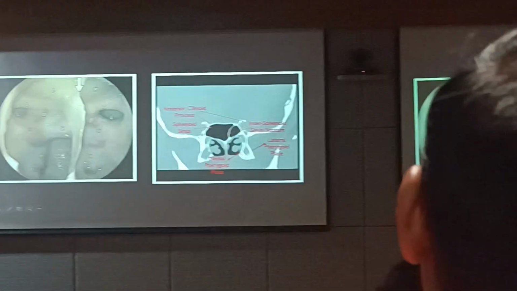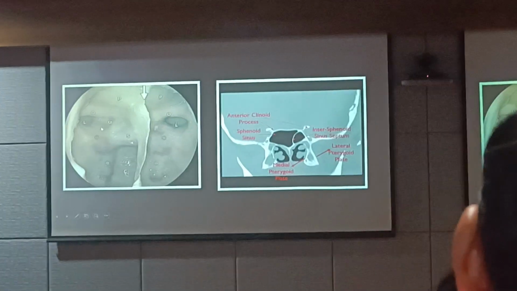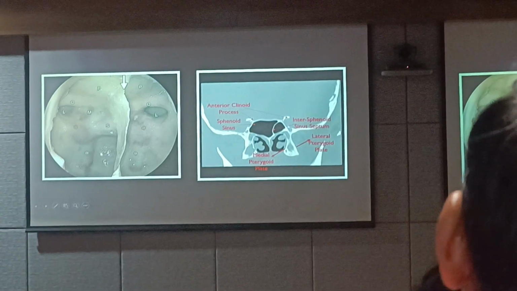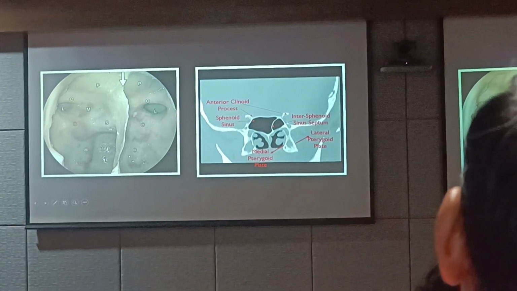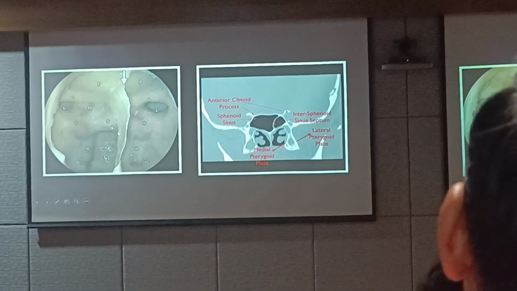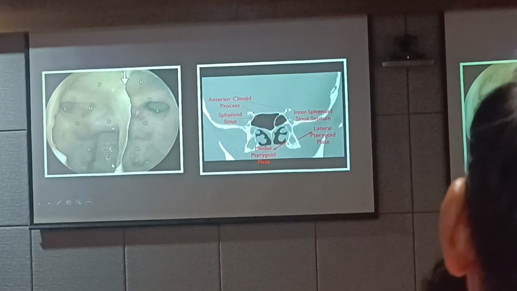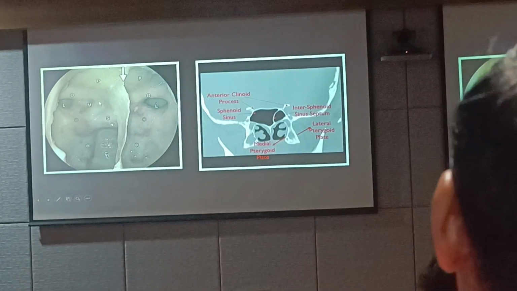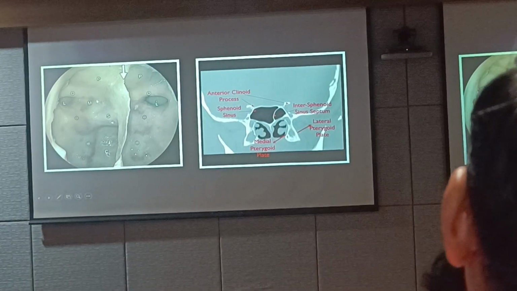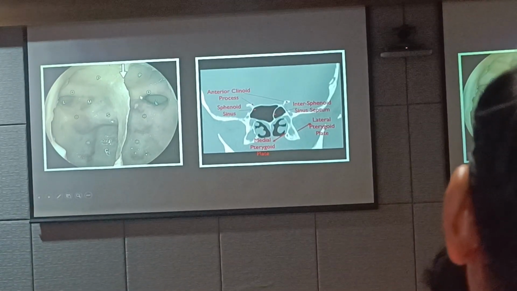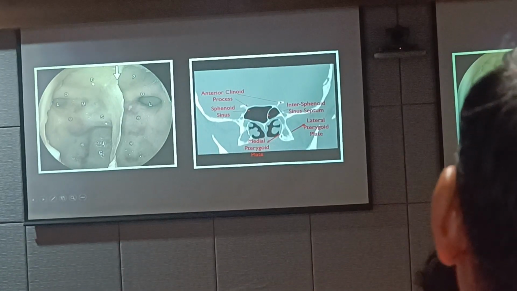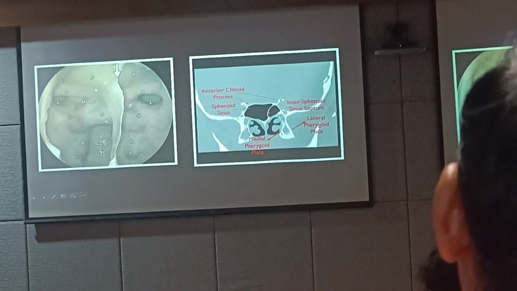You can see the region of the intersphenoidal septum over here. You can see this is called the sella. The area below this wall of the sella, or the sellar bulge, is all called the clivus. The area just between the sphenoid and the planum here is called the tuberculum, and ahead of that is the planum. Now on this picture everything looks straight, it's not like this.